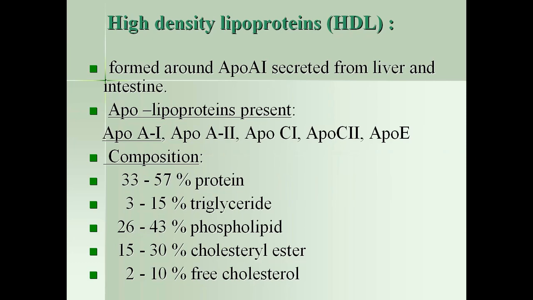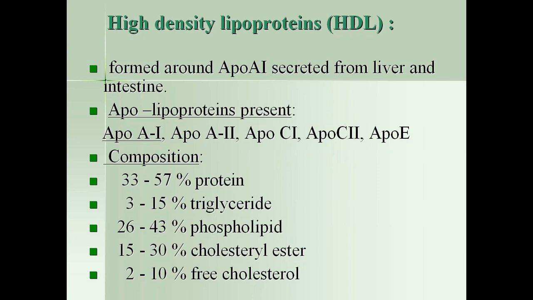Apolipoproteins present in HDL are ApoA1, ApoA2, C1, C2 and E. ApoC and ApoE are initially reserved in HDL particles and later transported to chylomicron and VLDL for further metabolism.